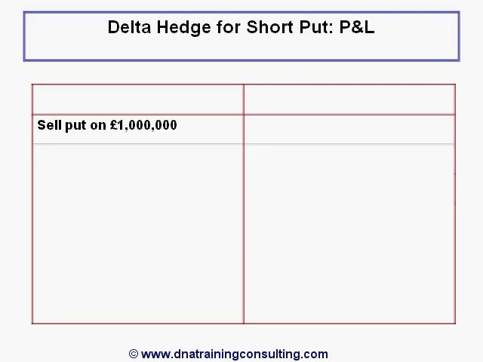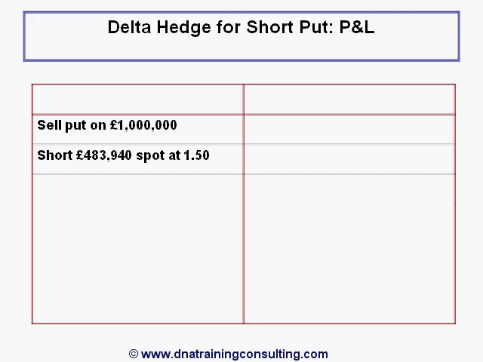Now let's take the case of a trader that has sold a put option on 1 million of notional sterling. This trader would need to short sterling by the amount of the put's delta, which comes to 0.483940 according to worksheet GK2.